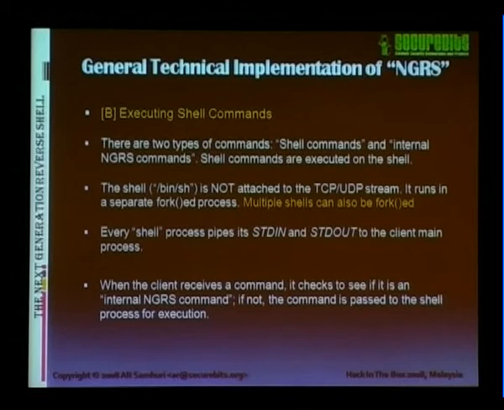Something else. When we issue a command from the server to the client, the client checks whether it is an internal command. I'm going to discuss internal commands shortly, but before passing any command to the shell process to be executed, we check if it is an internal command, which is different from a shell command, so that we can control the behavior of the reverse shell tunnel itself.